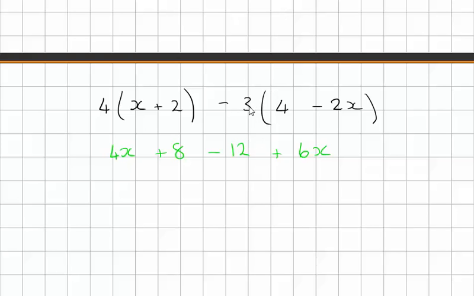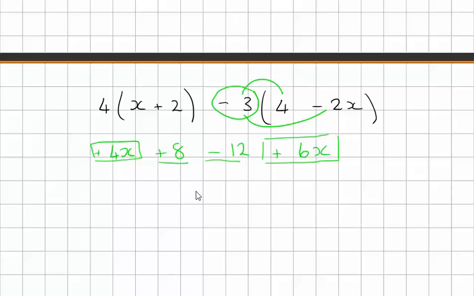Lots of people do 3 times 4 is 12 and 3 times 2 is 6, and then they just put the minus in the middle. That's not true. What you have to do is take that as one thing, do the multiplying and then write them out. Remember what I said, the sign in front of the term should stay with the term. When I simplify, collecting like terms, I've got my x terms and the sign goes with it, and then my numerical terms go together.